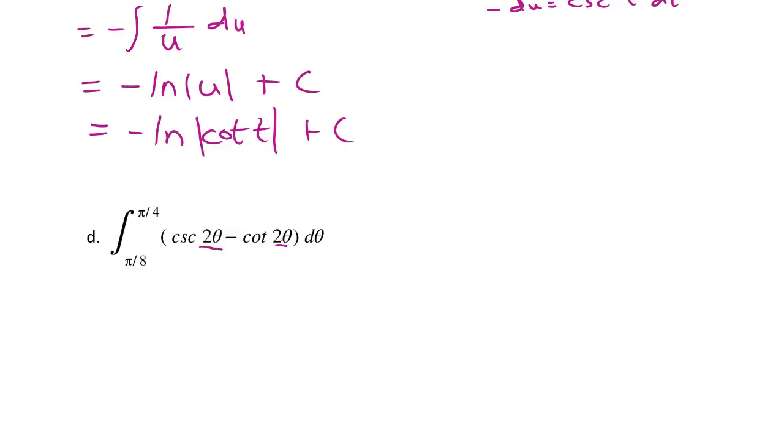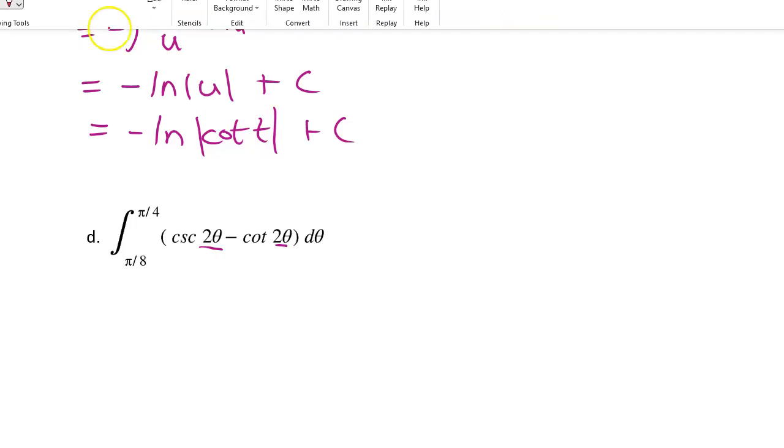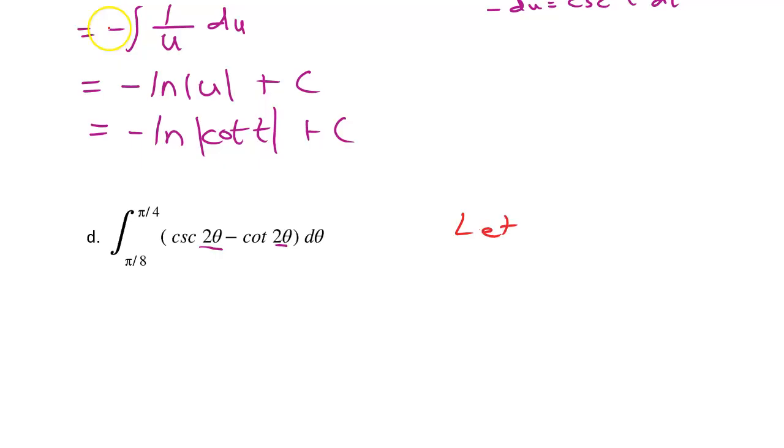So we're going to let u be 2 theta. Then du, the derivative of that is going to be 2 d theta. There's no 2 out in front of the parentheses, so we're going to multiply both sides by 1/2 to get rid of that.